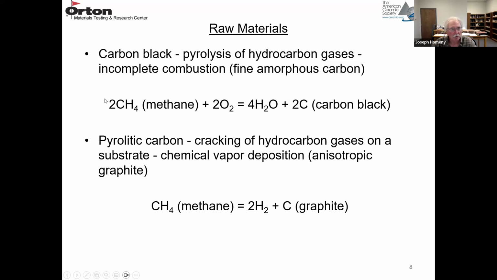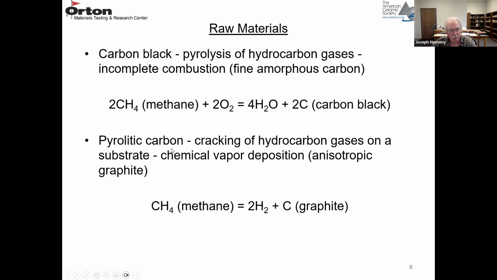Methane is one possible source for pyrolysis. So methane is CH4 plus oxygen for combustion, and you end up with water plus carbon. So very fine particle size carbon, that's carbon black.